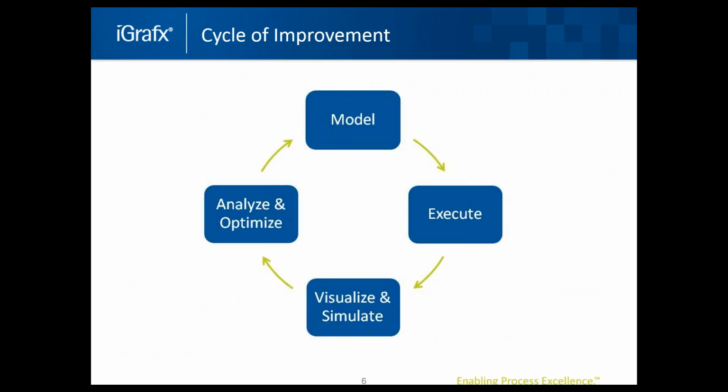This is where Mark will come in and introduce you to the cycle of improvement with iGraphics. It's a 4-step approach, and I'm going to switch the screen to Mark so he can use a real process example to lead you through it.